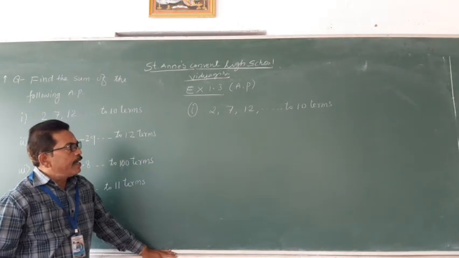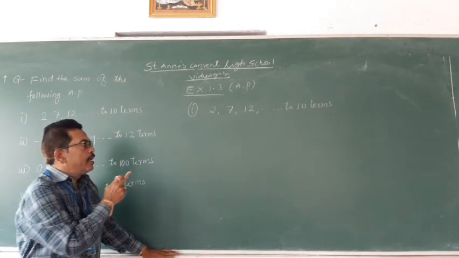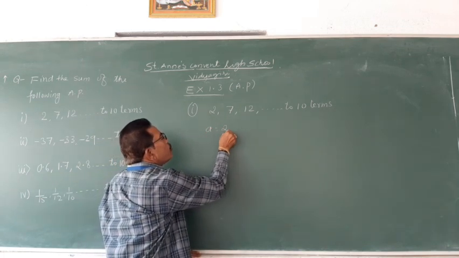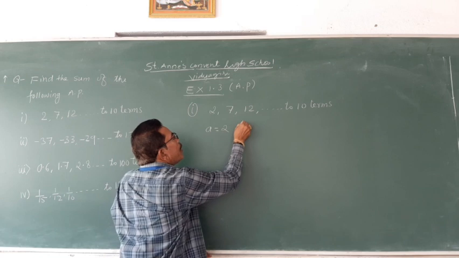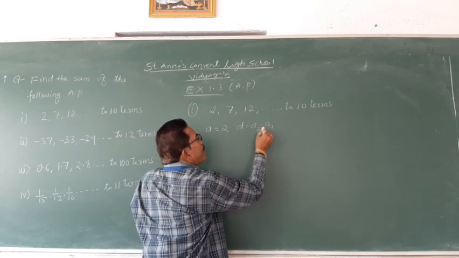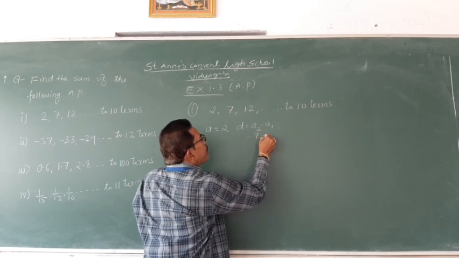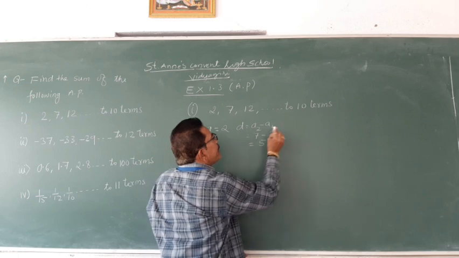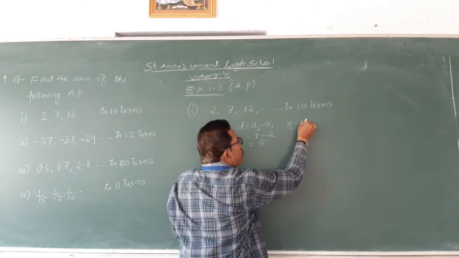As usual, we have to write the given data: a equals 2, d equals a2 minus a1, that is 7 minus 2, which equals 5. Then n is given, n equals 10.